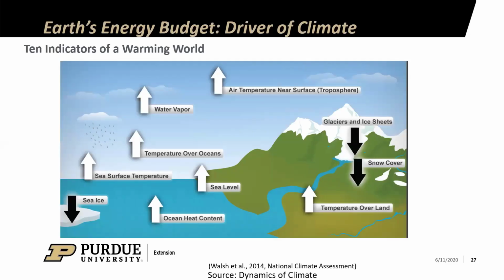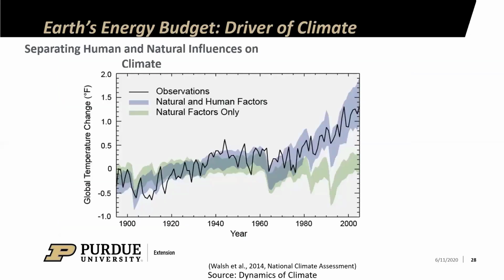If we want to look at indicators of a warming world and how that looks, you see the black arrows indicating a decrease in glaciers, snow cover, and sea ice, and you see the white arrows indicating an increase in water vapor, the temperature over the oceans, the temperature over the land, sea level, and so forth.